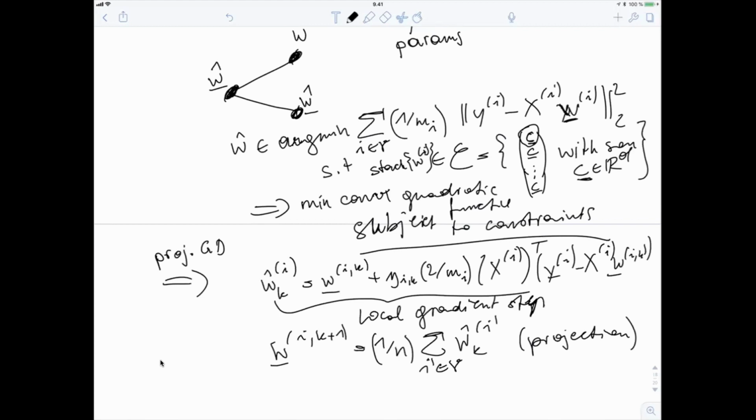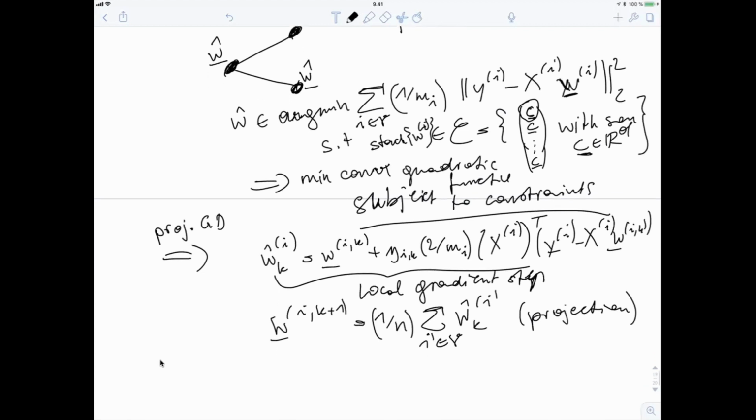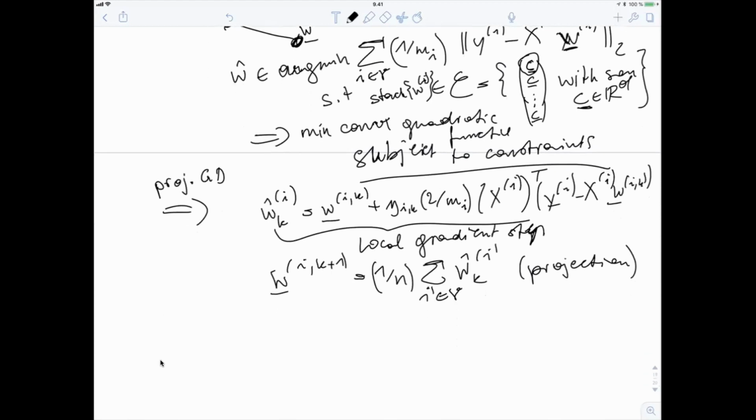Yes, and this is actually only one variant of federated averaging. And you also find in the literature another variant of federated averaging, which replaces this local gradient step by, let's say, a more powerful update.